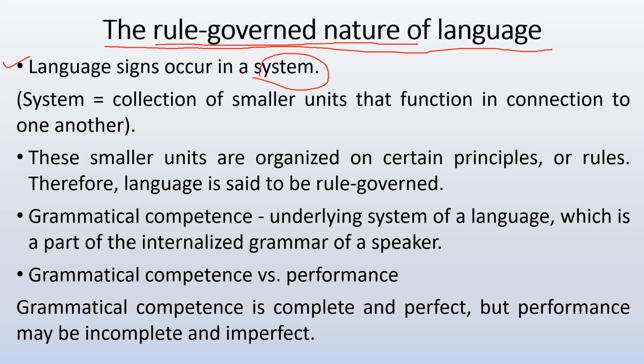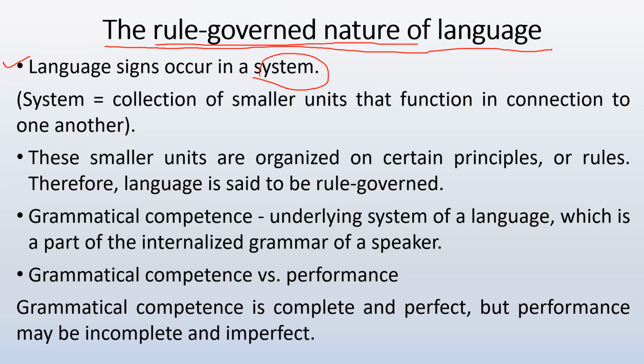We can call something a system if we can say something particular there. We can't be calling everything we find a system. No, there has to be something specific in it for us to call it a system.